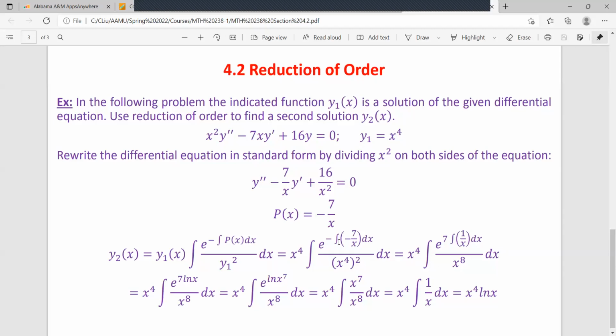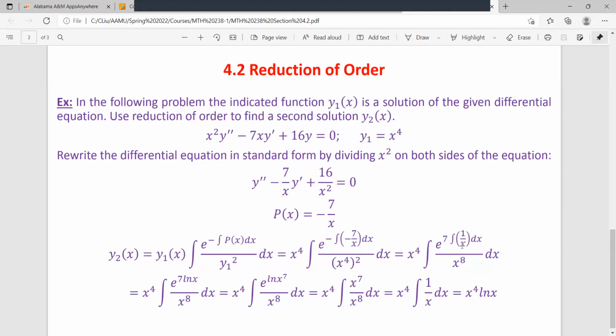And 2 negative signs on the top of the exponent of the exponential, so the 7 can be taken out from inside. So the exponent on the top is just 7 times the integral of 1 over x dx. If we integrate 1 over x, you get the natural log of x.